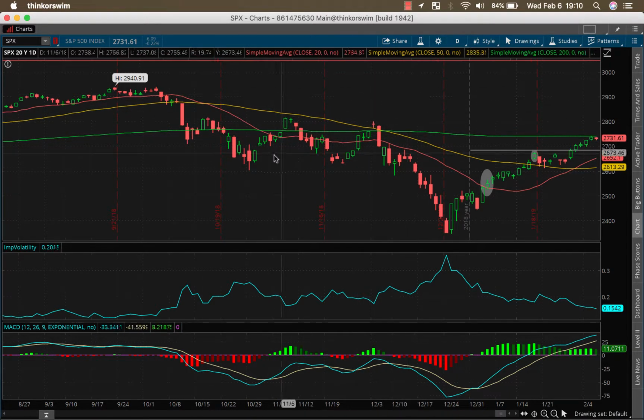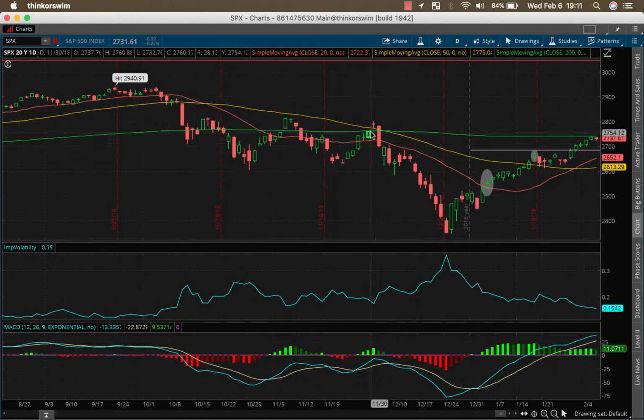Couldn't resume the bull trend, and then we fell way below it. And now it looks like, just as of today, which is February 6, 2019, we are retesting that 200-day moving average. So that's kind of what's going on here right now.